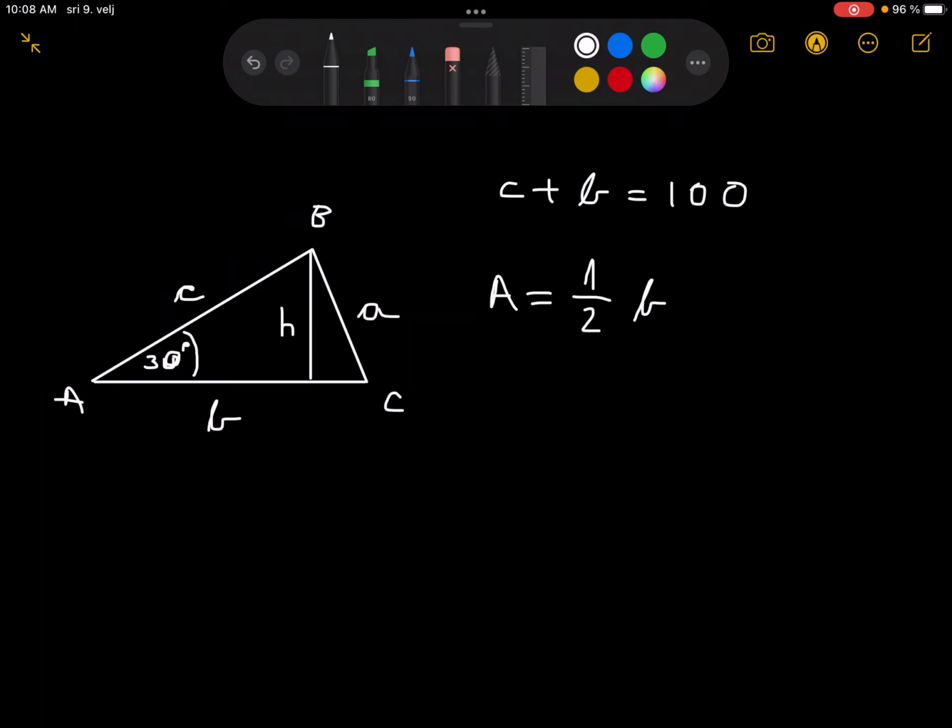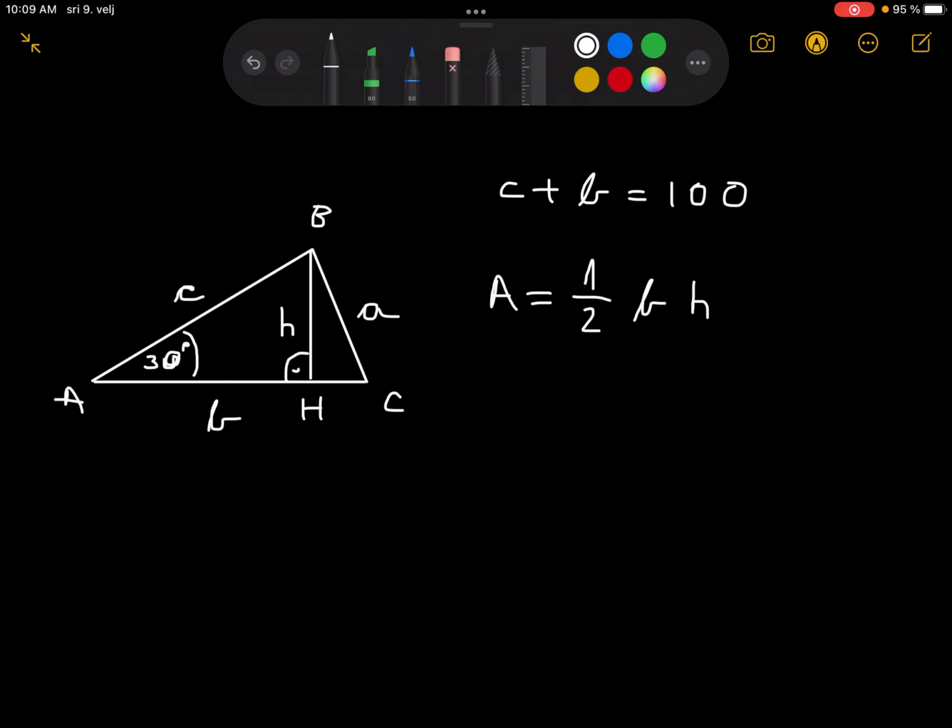Now let's just go ahead and try and express B and H as functions of C. So from the triangle, okay, I'll just call this point H, from the triangle ABH, we see that it's a right triangle, right, because this is the altitude or its height, and so we can use the sine function.